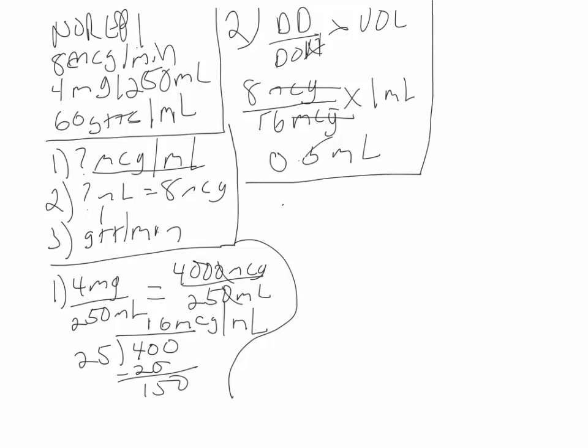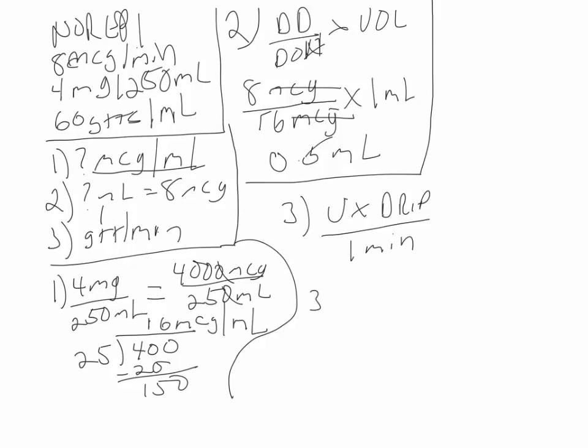Now we need to know what our drip set is, and to find that out, we use our volume times drip set, the size of our drip set, over our time, which is 1 minute.